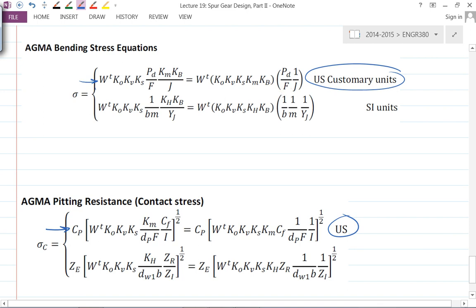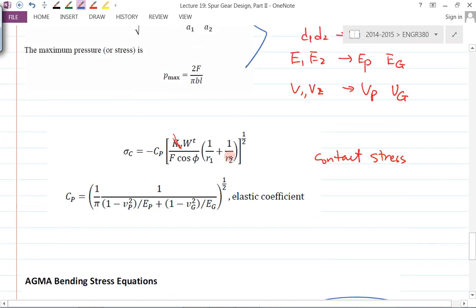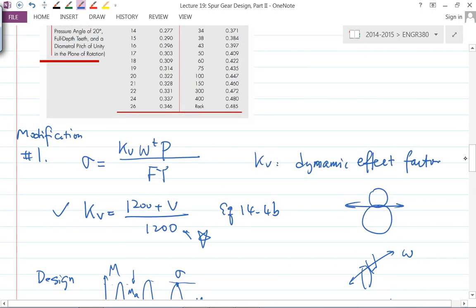Let's take a preliminary look. You don't need to worry too much about the name of each one of them, but you can definitely compare these two equations with the simplified equations. This is contact. This is the Lewis form.